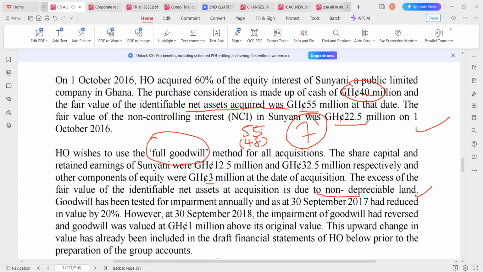Then he said that goodwill has been tested for impairment annually, and as at 30th September, it has reduced by 20%. I can get a goodwill figure. Anyone on the calculator should give me the goodwill figure: 40 plus 22.5 minus 55. Someone on the calculator should assist us, and we are good to go.